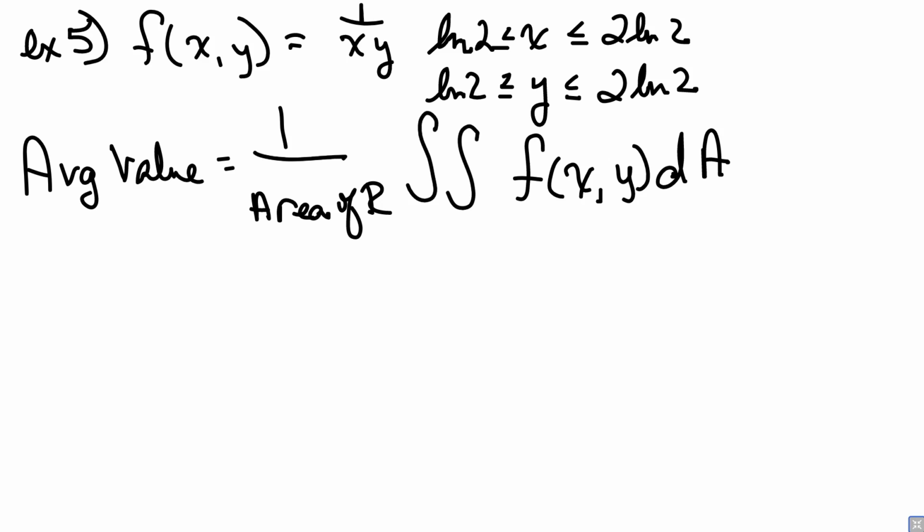Now, the nice thing about this is that it tells us in the problem that it's over a square. Okay, so the area of the region, since it's a square, is s squared. So we just need to find the length of the side. So we're told that x is bounded between natural log of 2 and 2 times the natural log of 2.